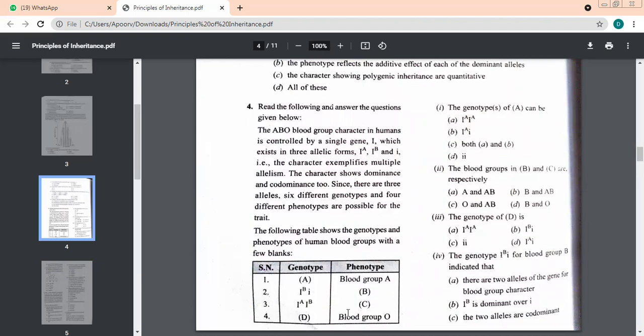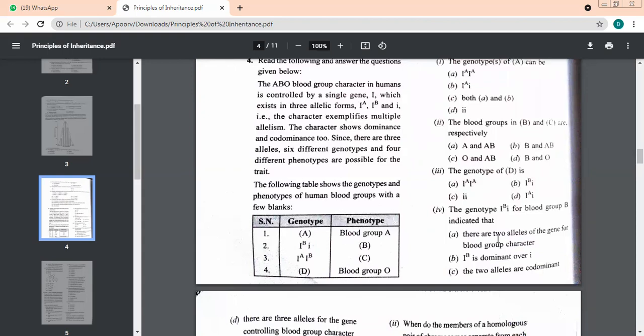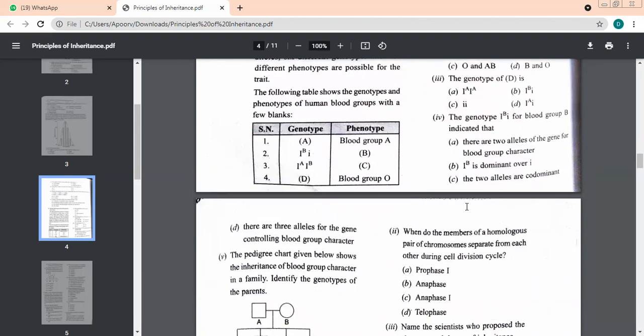Ma'am, both A and B. Yes, very nice. It is both A and B. Second one? Ma'am, B and AB. Yes, it is B and AB. Very good. Third one? I. Yes, very nice. Fourth?